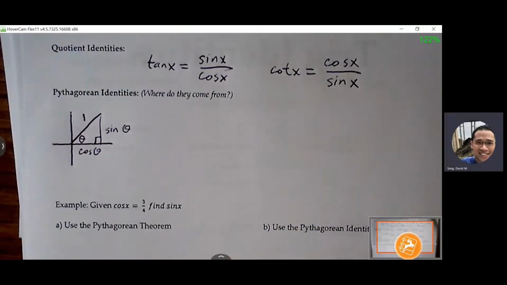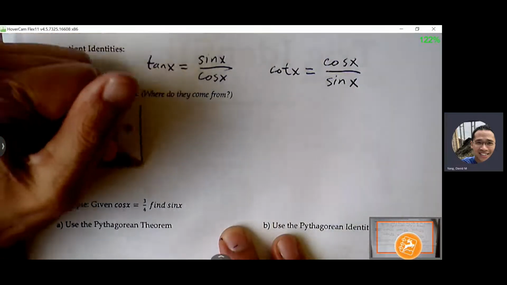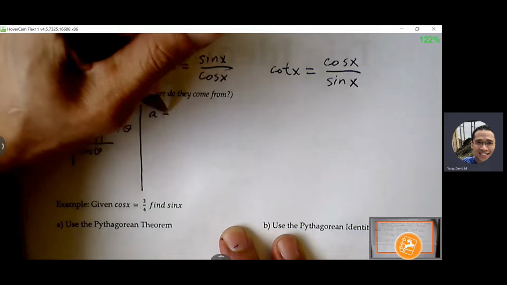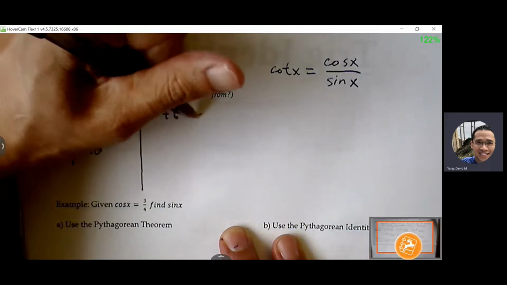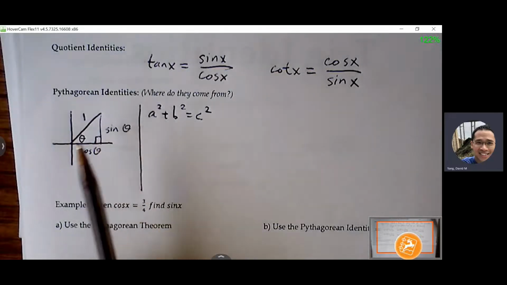Now, we have a right triangle in front of us. What I want to show is that there is a Pythagorean theorem that we can create out of these equations, or out of these variables here. Now, Pythagorean theorem, you're used to seeing a squared plus b squared equals c squared. Leg squared plus leg squared equals hypotenuse squared for a right triangle. We can adapt it for cosine and sine.